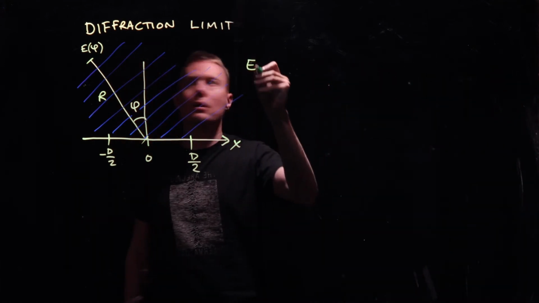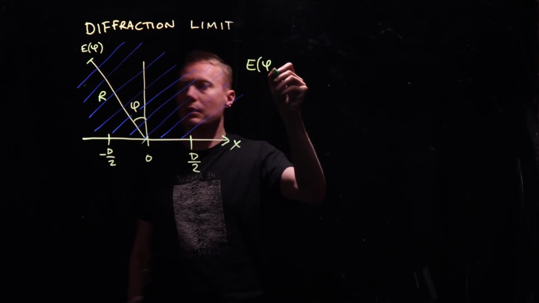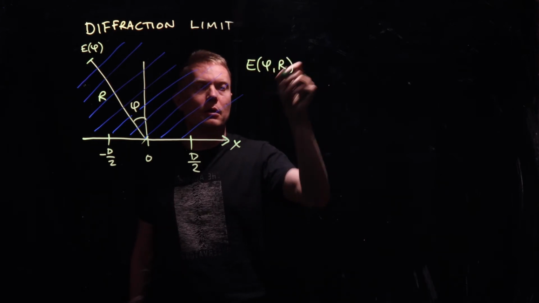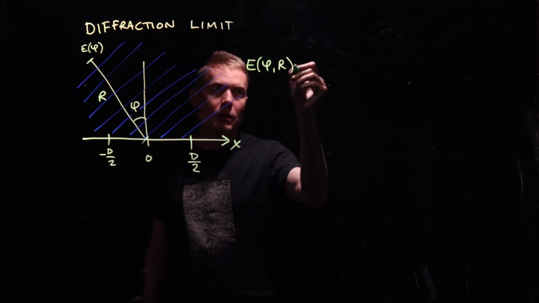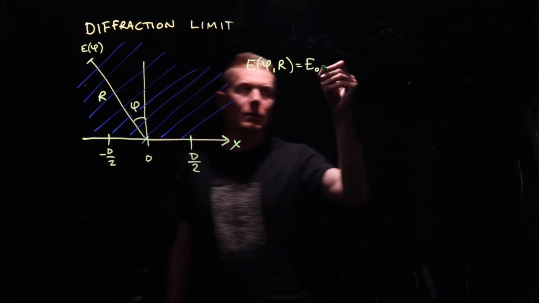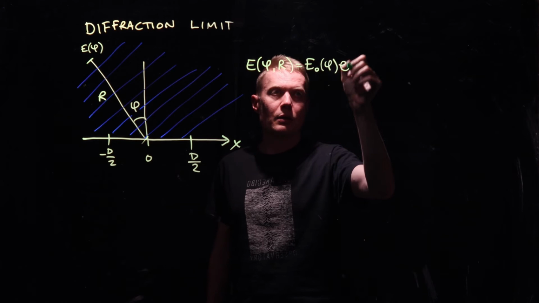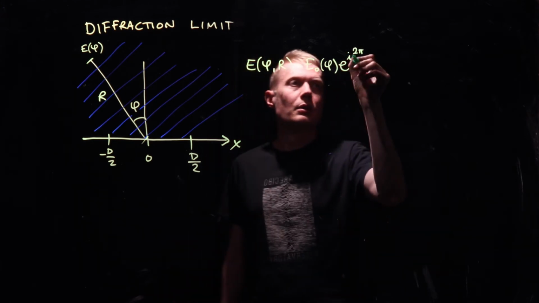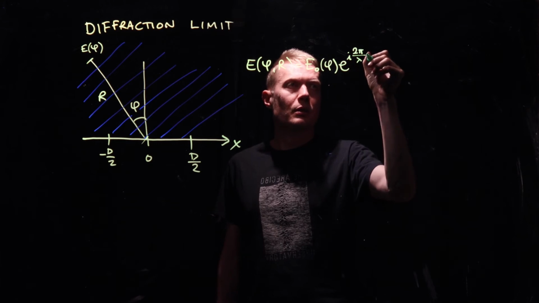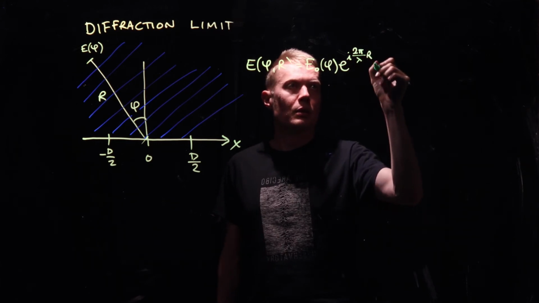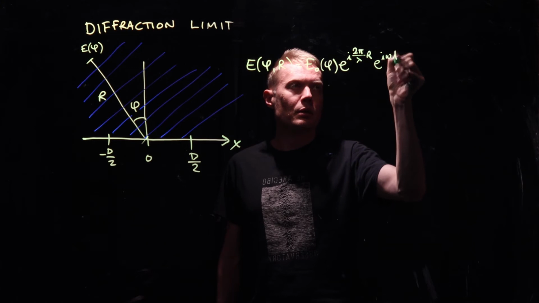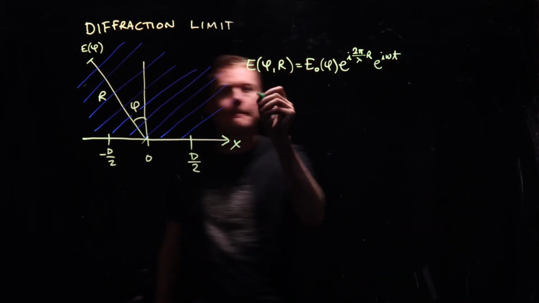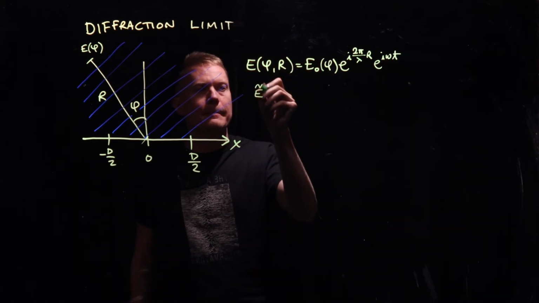This is the plane wave solution for a single spectral component of electromagnetic waves. Here, E naught of phi indicates the phase and amplitude of the electric field originating from direction phi, and e to the i 2 pi over lambda times r indicates the phase progression of the propagating wave, and e to the i omega t indicates the temporal fluctuations of this wave.